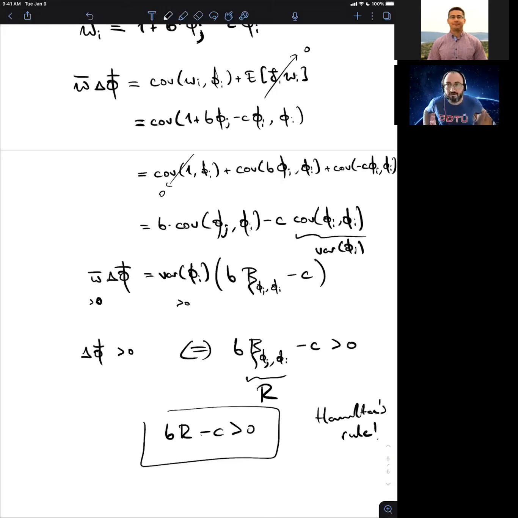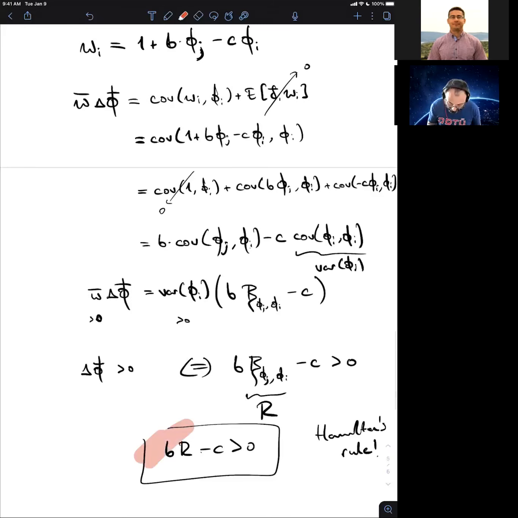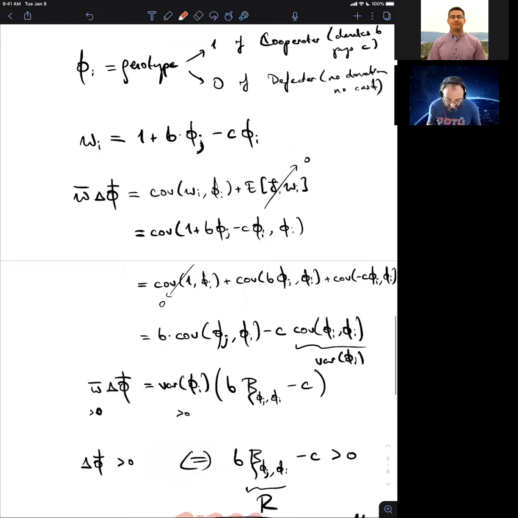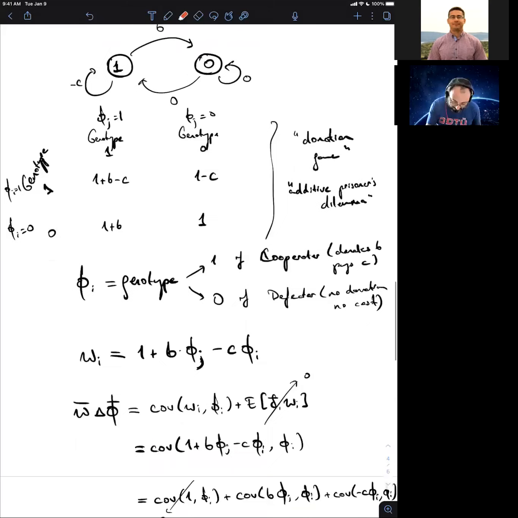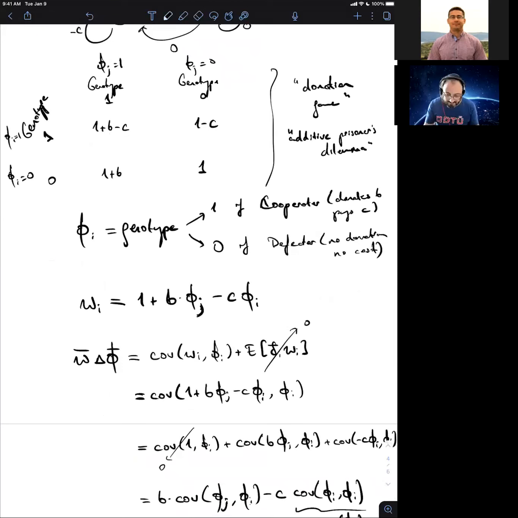The important thing to note here is that we derived this rule, and this transmission bias term vanished, right? So the only thing that this rule comes from is this covariance term.